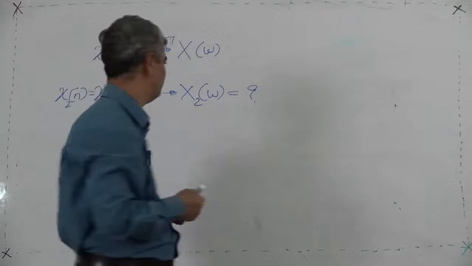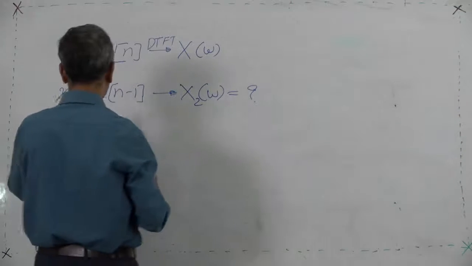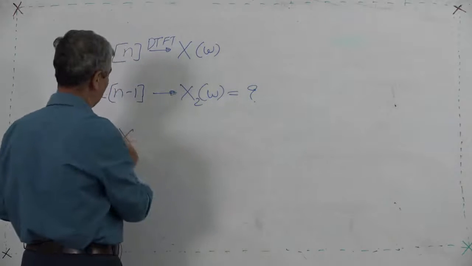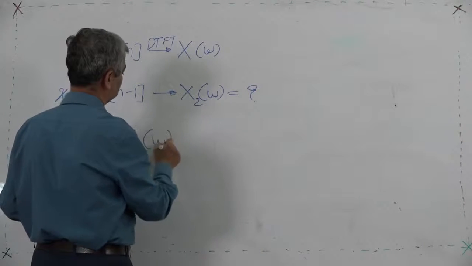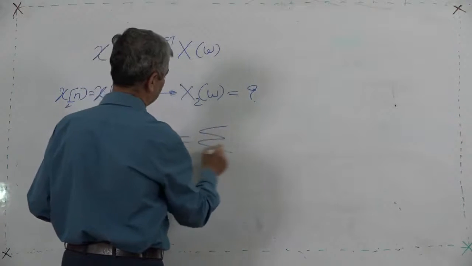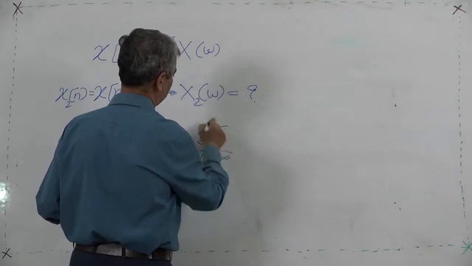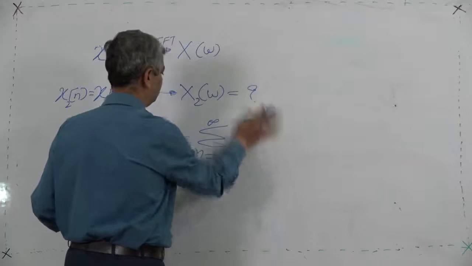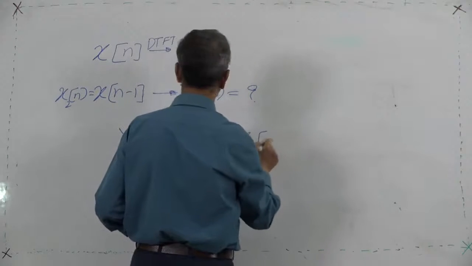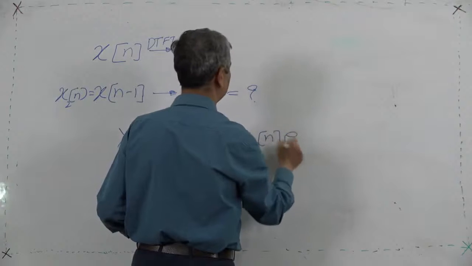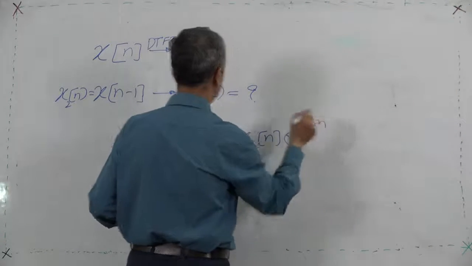So, how do I do it? What is X2(omega)? It is simple, go by first principle: summation n equal to minus infinity to infinity x2[n] e raised to minus j omega n.